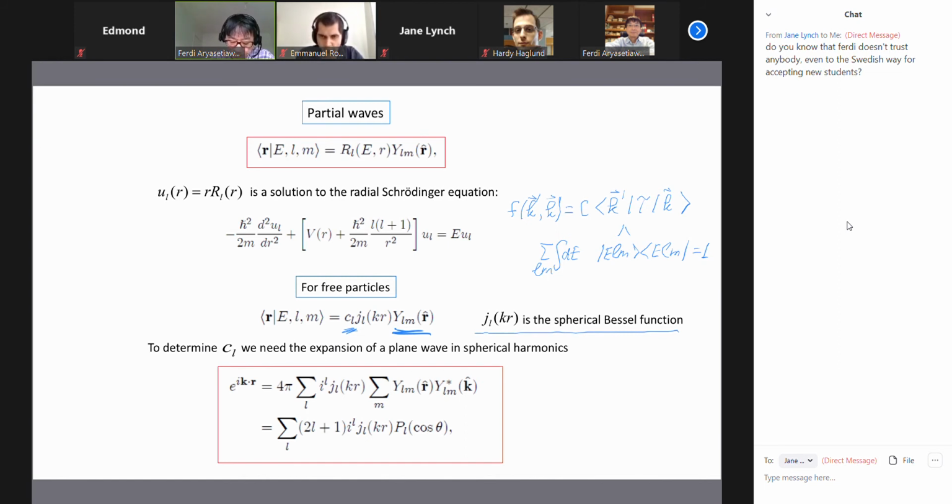So this sum over m is equal to (2L+1) divided by 4 pi. There is a formula that relates that sum to the Legendre polynomial. That's why we get the second line here.